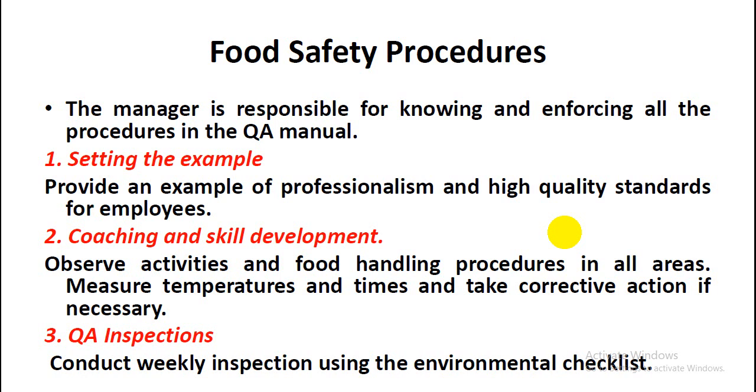The third one, for food safety procedure, you have to ensure as manager the quality assurance aspect. You have to conduct routine and timely inspections, maybe weekly, monthly, trimester, about the checklist of the environmental issues. You have to ensure that the delivery or exchange of the water is done in the proper way.